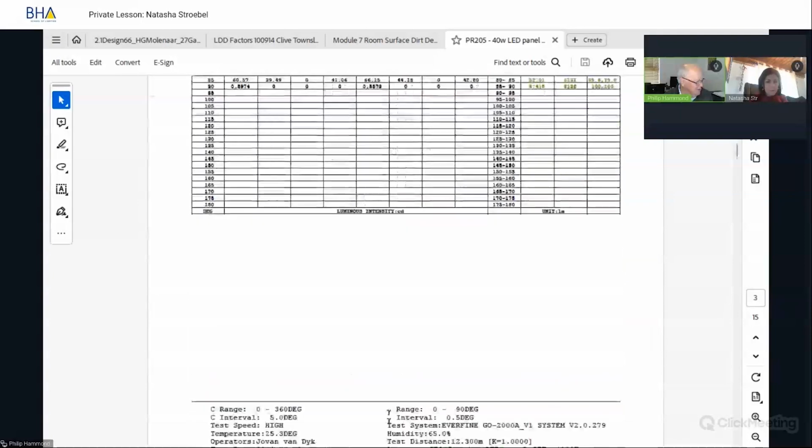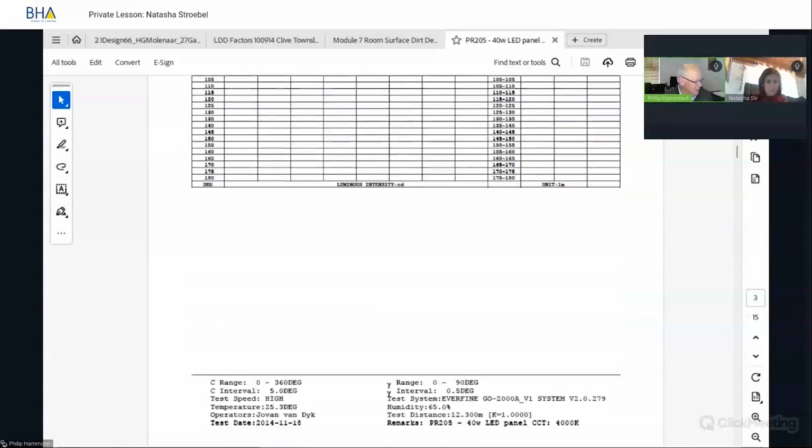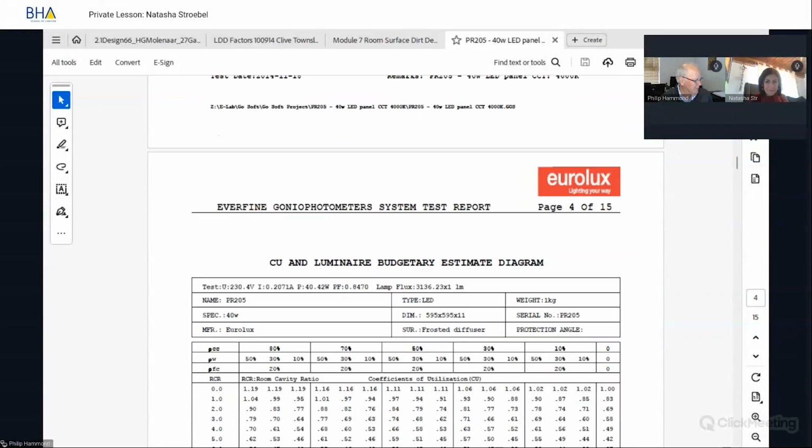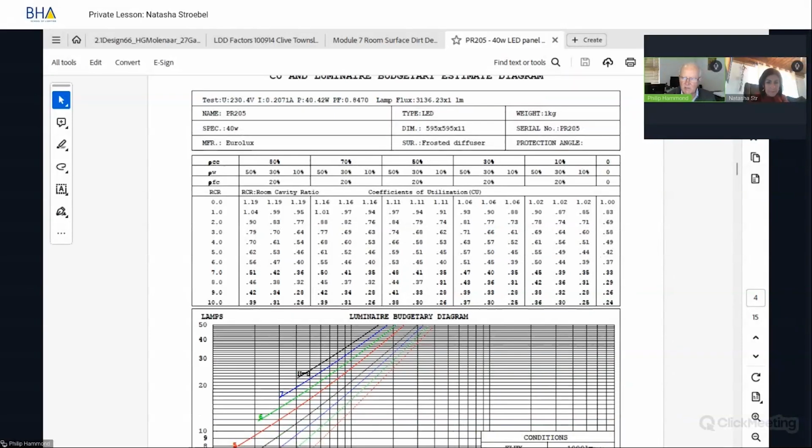So we go on to the next one that counts, which is page 4 of 15 pages, which is the coefficient of utilization chart, where it gives you your room cavity ratio that you calculate here. I just want you to familiarize yourself with the chart.